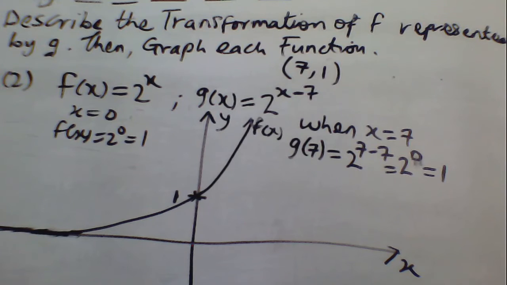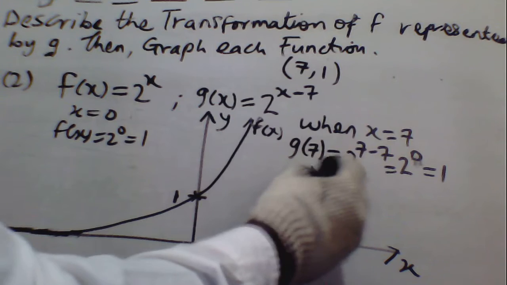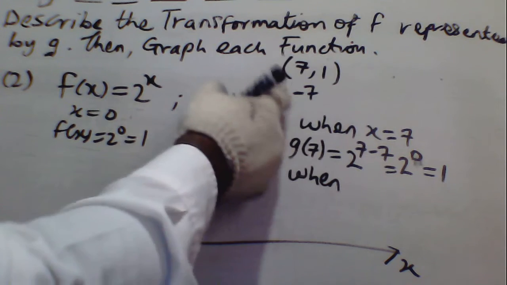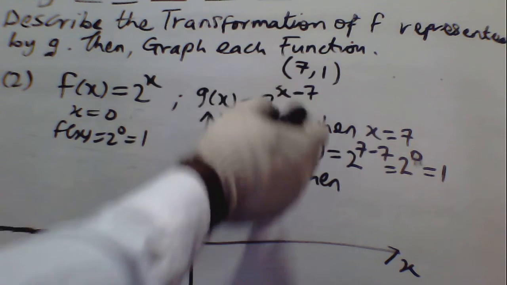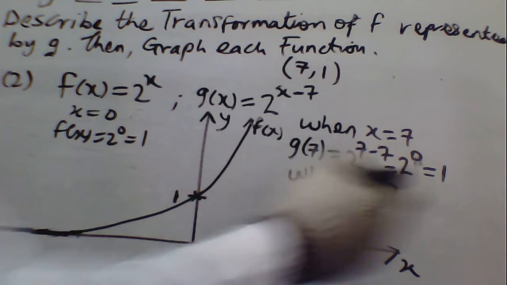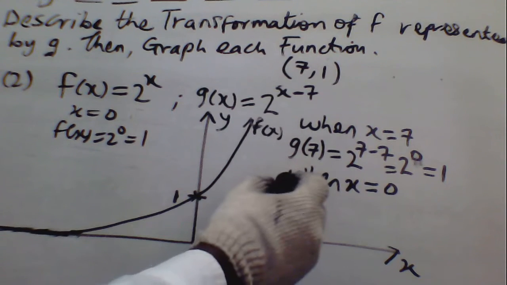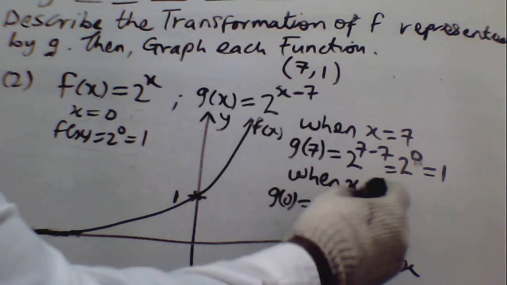So the next is, since I tried to make this equal to 0 by putting 7, let me put x equal to 0. If x is equal to 0, we have g of 0 equal to 2 raised to power 0 minus 7.